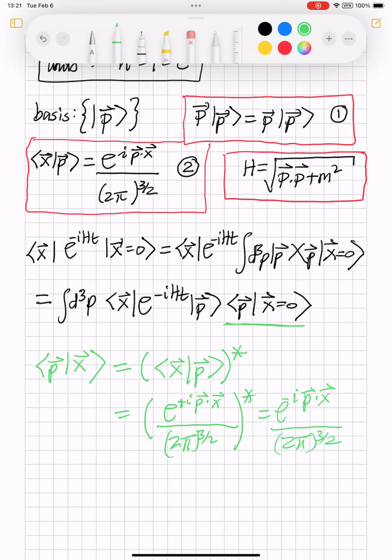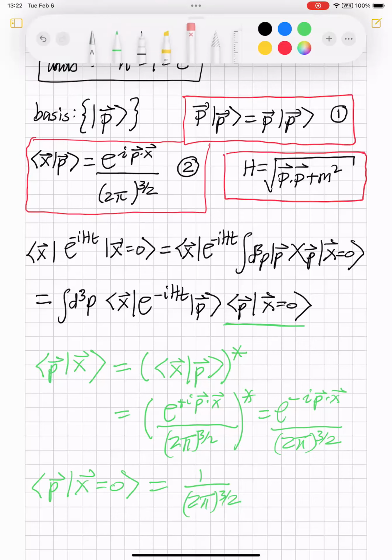And we don't want this for general x. We actually want it when x is set equal to 0. So setting x equal to 0 in this expression, let me write that exponent a little more clearly. This is minus i p dot x. And plugging x equal to 0 in that expression, we just get 1 over 2 pi to the 3 over 2. So that's what the underlying term is going to be.